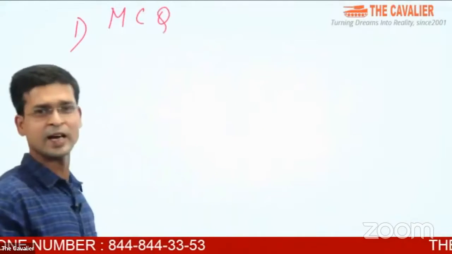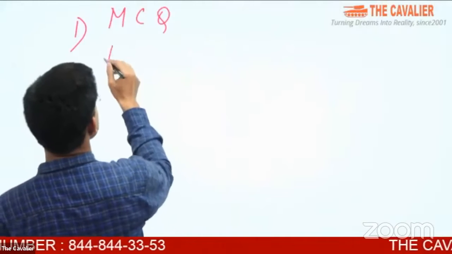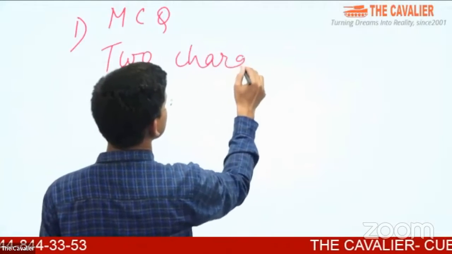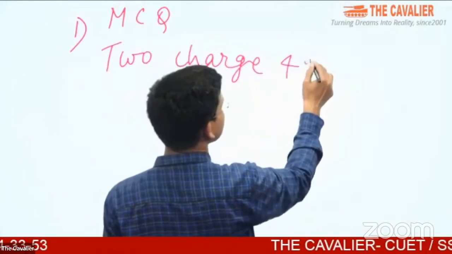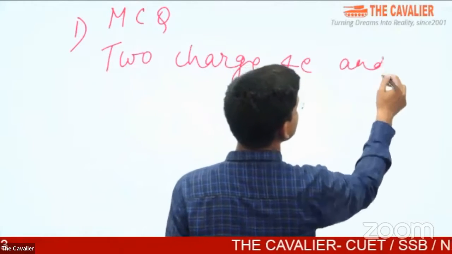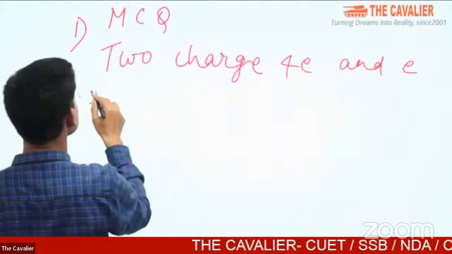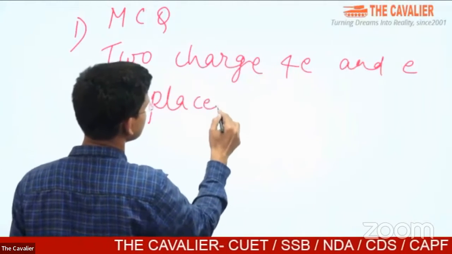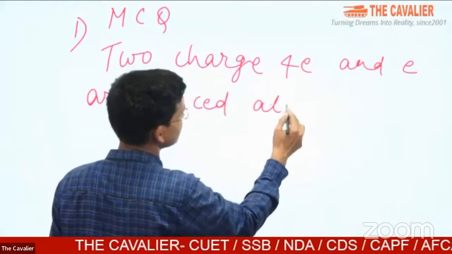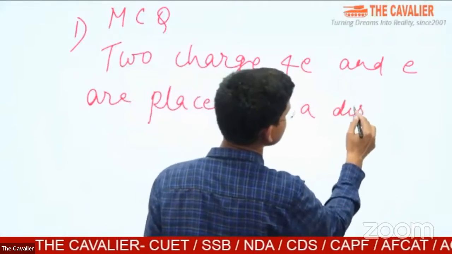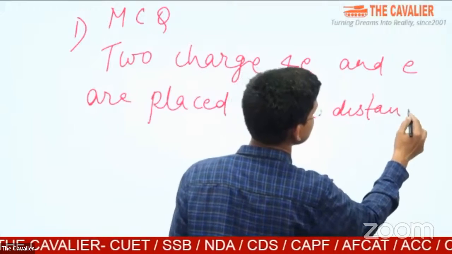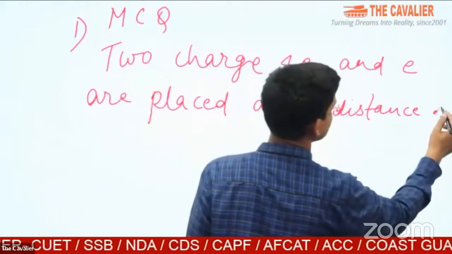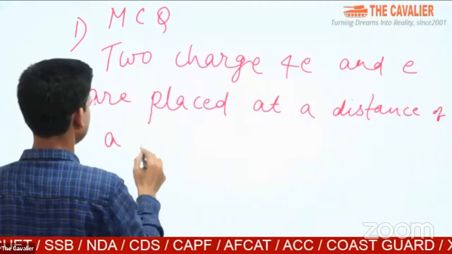The question is that two charges, 4E and E, are placed at a distance A apart.